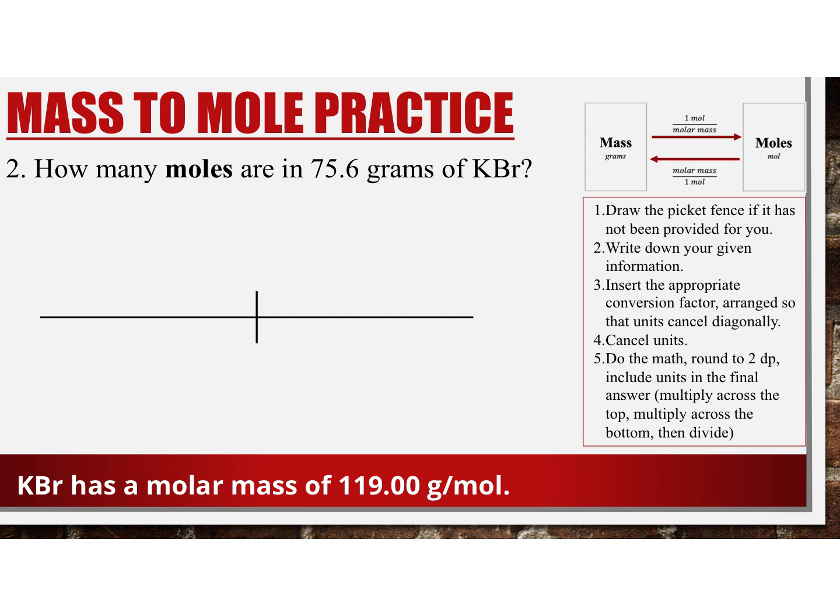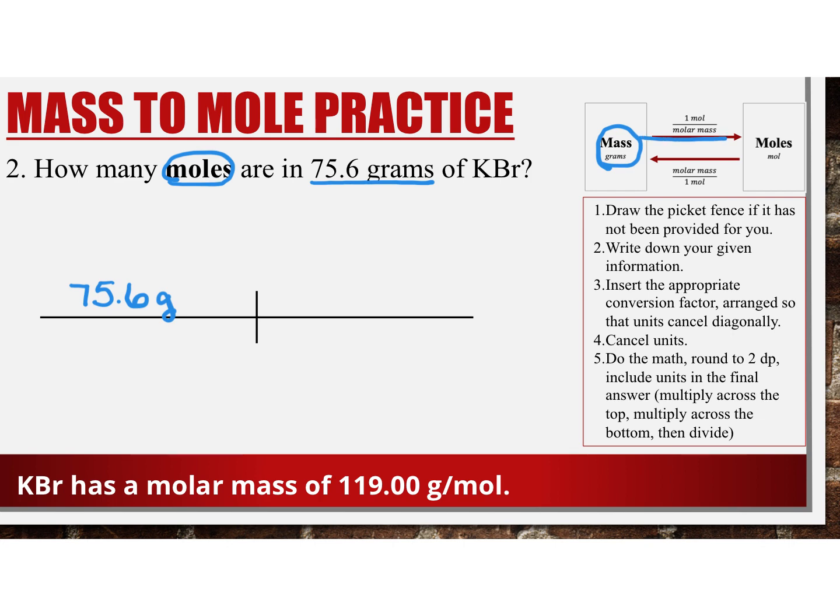All right, we have our next example. How many moles, that's my unknown, are in 75.6 grams? So I start with my given. I write that down here in the upper left. I need to figure out what conversion factor, so I come over to my conversion chart, and I know mass.